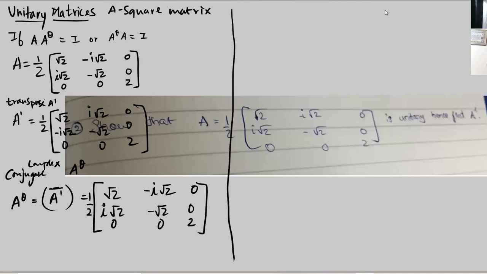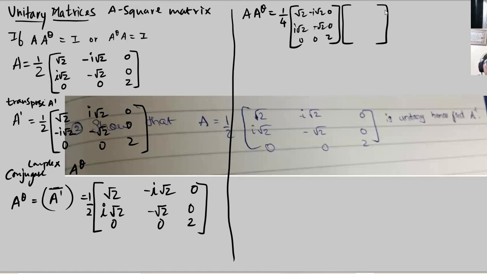So I'm going to multiply A into A power theta. Half into half is 1 by 4, and the multiplication of these two matrices. A is root 2, minus I root 2, 0; I root 2, minus root 2, 0; 0, 0, 2.